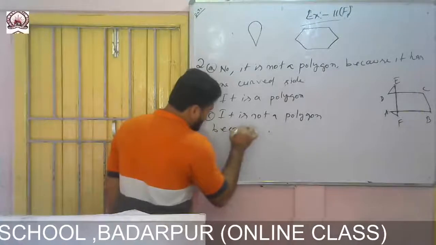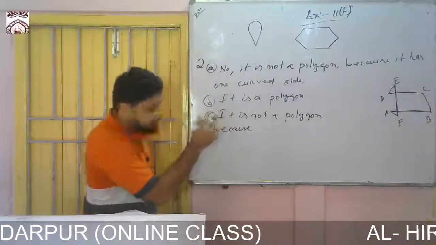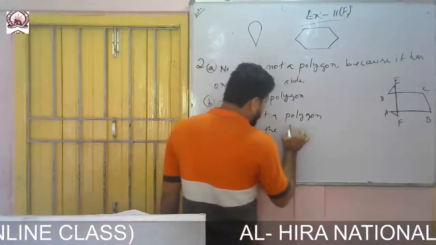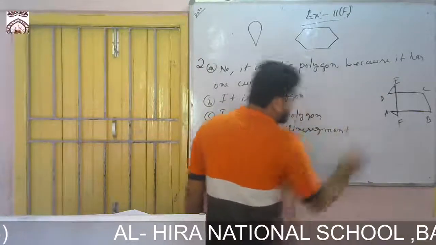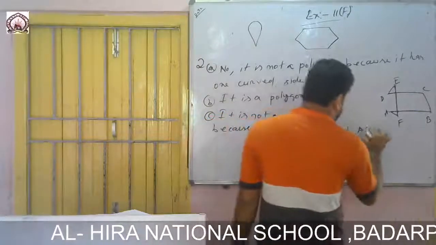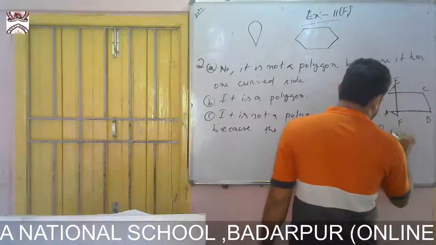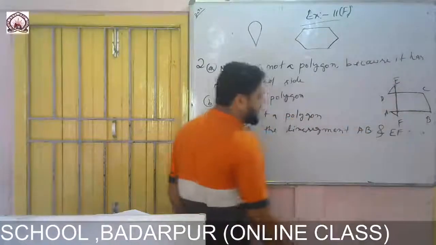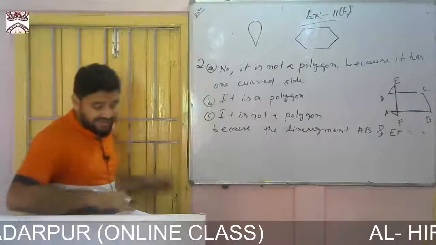because the line segment AB and EF intersect at a point.